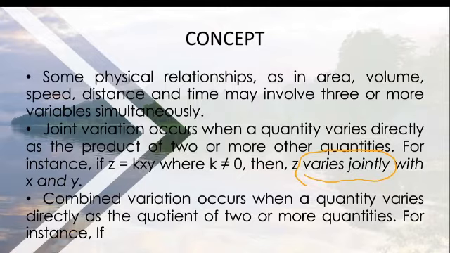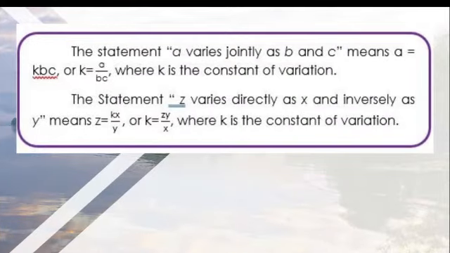In terms of combined variation, it occurs when a quantity varies directly as the quotient of 2 or more quantities. Let's compare joint and combined variation, because combined variation is the combination of direct and inverse variation.